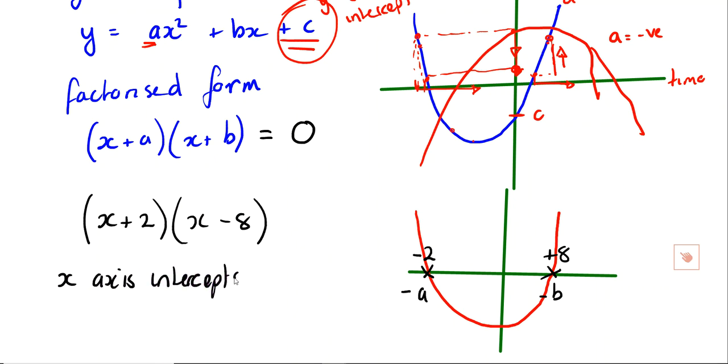Okay? So that's very useful. Wait, so technically all you need are the x-axis intercept and the y-intercept. No, we need one other thing. We're not actually working out gradient yet, not until we get onto calculus, which will be next year.